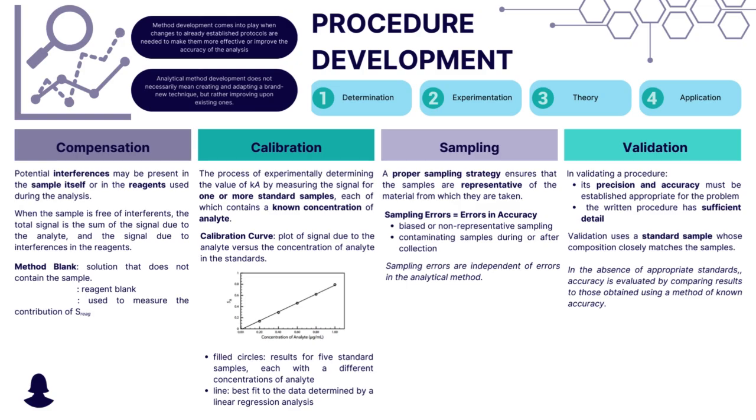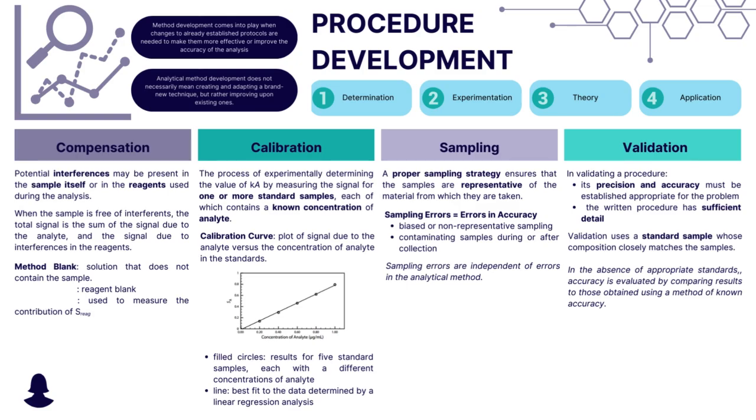In developing a procedure that accomplishes our goals for the analysis, we give attention to compensating for interferences, to selecting and calibrating equipment, to acquiring a representative sample, and to validating the method. A method's accuracy depends on its selectivity for the analyte, but it may not be free from interferences from the sample or reagents.